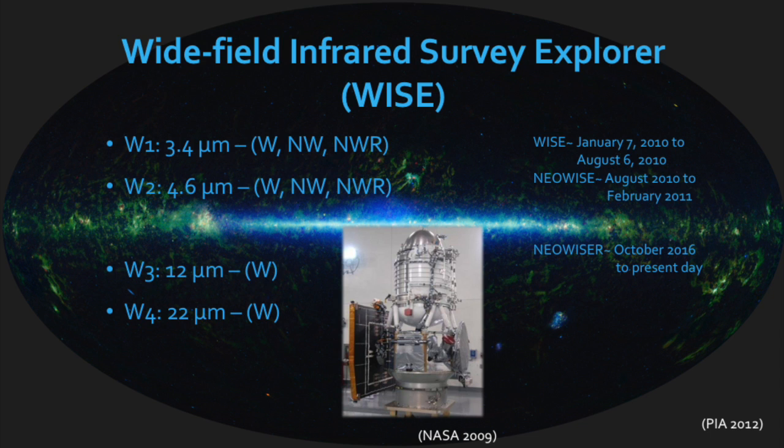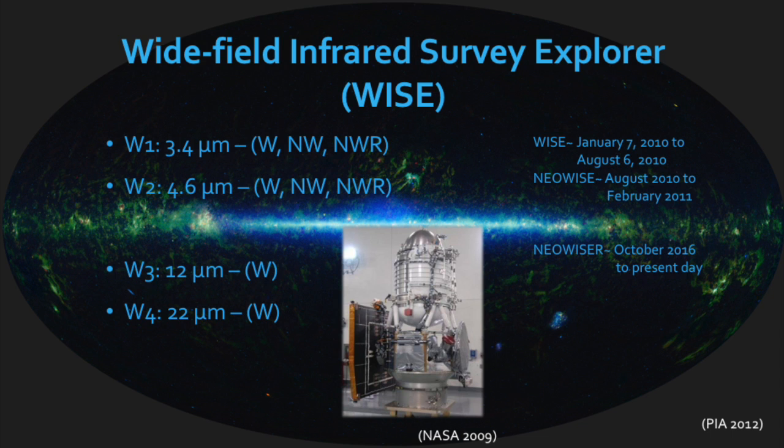That lasted from August 2010 until February 2011. In February, WISE went into hibernation until October 2016 in what was called NeoWISE Reactivation, or NeoWISER. The NeoWISER mission is operating at W2 and W1 at the wavelengths of 4.6 micrometers and 3.4 micrometers.